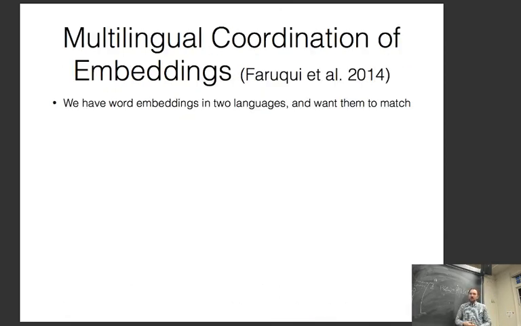So the next thing is coordination of embeddings. This is a useful tool. This was also made by Manal Faroukhi here at CMU. So we have word embeddings in 2 languages, and we would like these to match across languages.